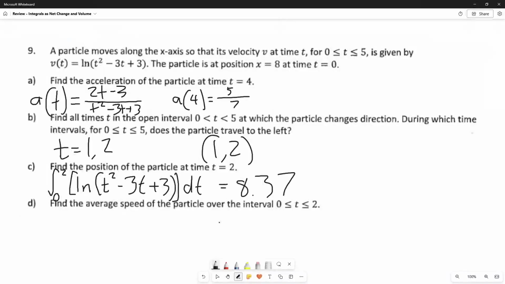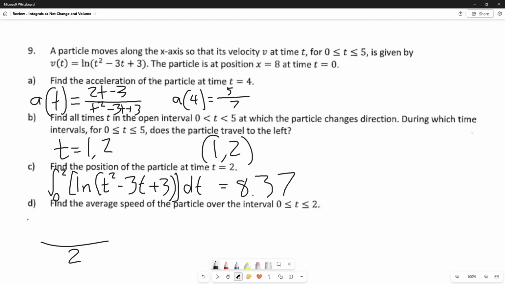Part D is find the average speed of the particle over the interval t from 0 to 2. And you should know that the average speed means total distance traveled over total time spent. And time spent is obviously 2 seconds. And the distance traveled, well, we already have a formula for the displacement from 0 to 2.